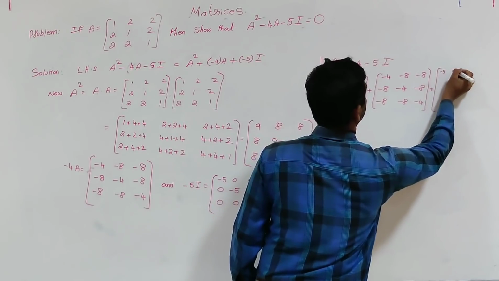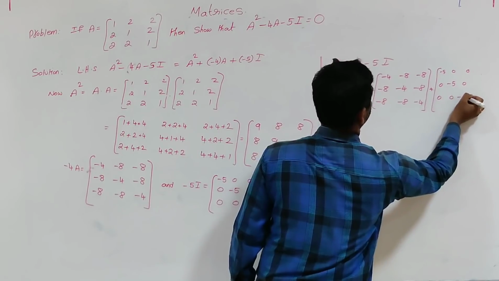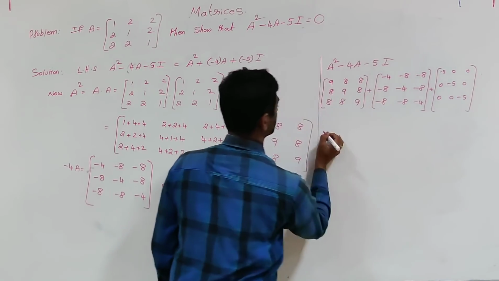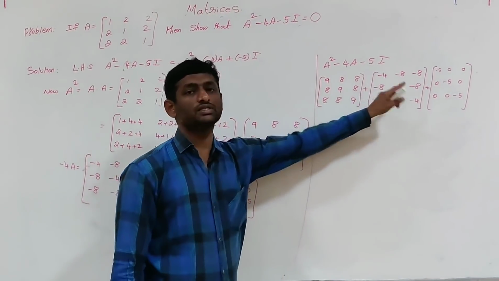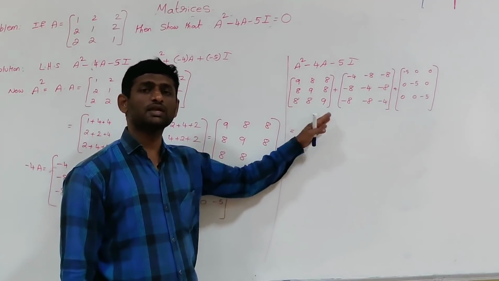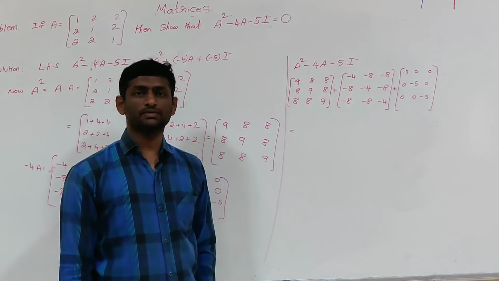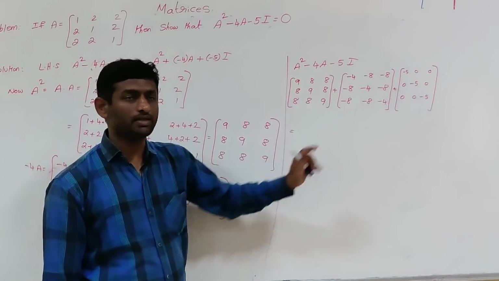Minus 5 0 0, 0 minus 5 0, 0 0 minus 5. Now in between the matrices the operation is plus, the addition is possible because the three matrices are of the same size and the elements will be the addition of the corresponding elements.